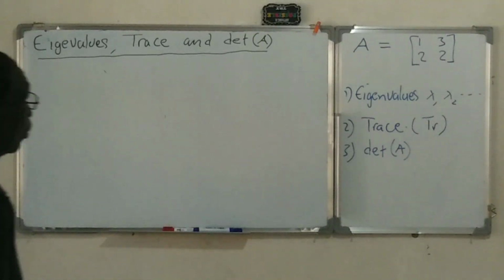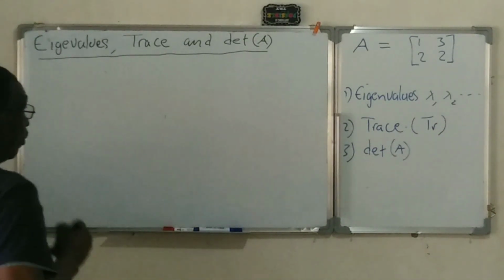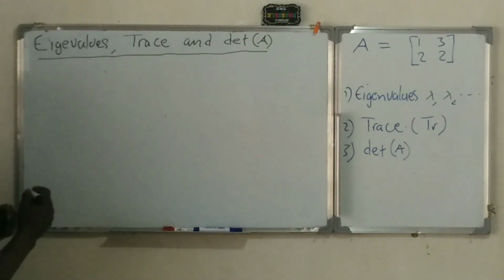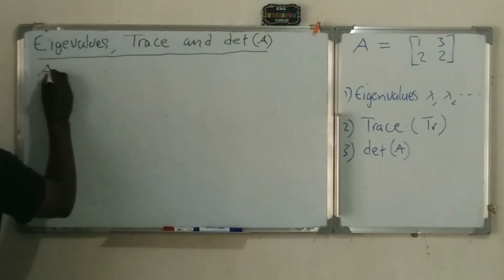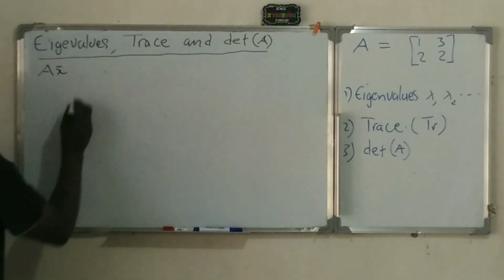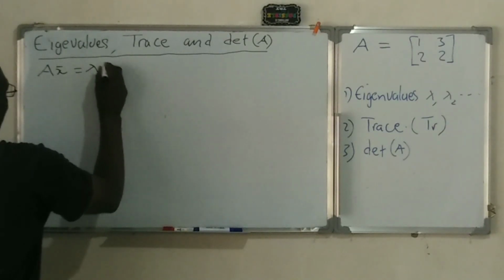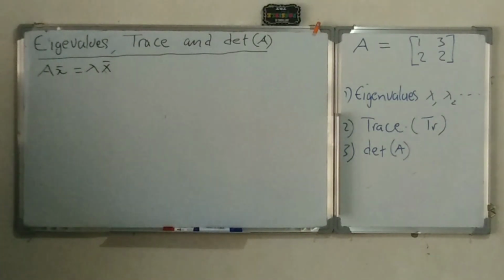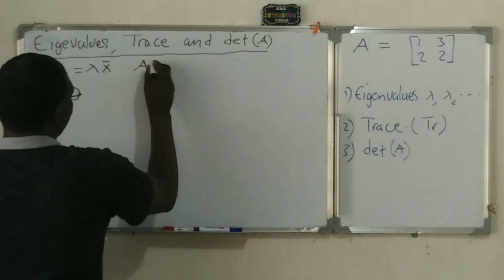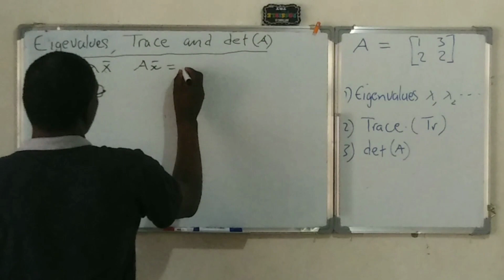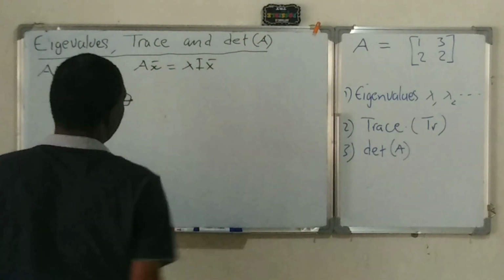First of all, eigenvalues. Everybody knows that if a vector x is an eigenvector of a matrix A, then we can write A multiplied by the vector x is equal to lambda multiplied by the same vector x. We can also write this as A multiplied by the vector x is equal to lambda multiplied by I multiplied by the vector x.